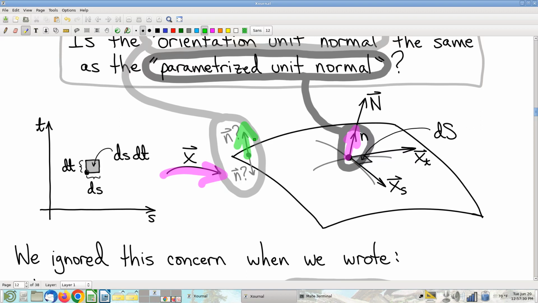If you can ensure that your parameterized normal and your given orientation normal are the same, no problem, proceed. The downside there is I don't know how to do that. It's hard to see it coming when you parameterize. Who's thinking as they parameterize in terms of which way that normal vector is going to point? Nobody's thinking in those terms. It's actually pretty hard to think in those terms.